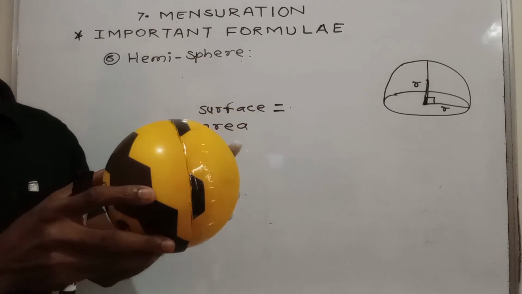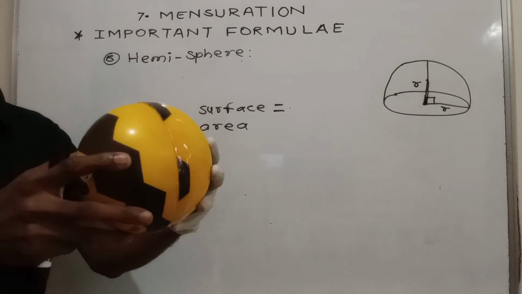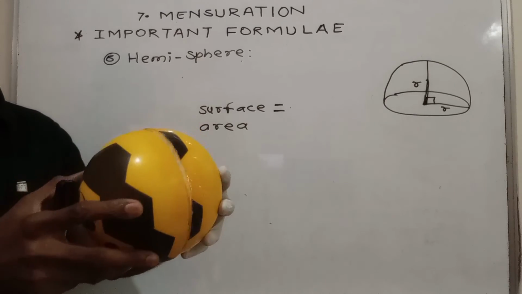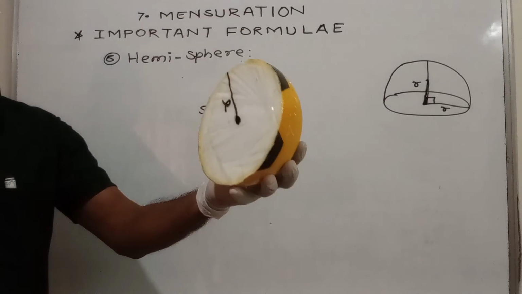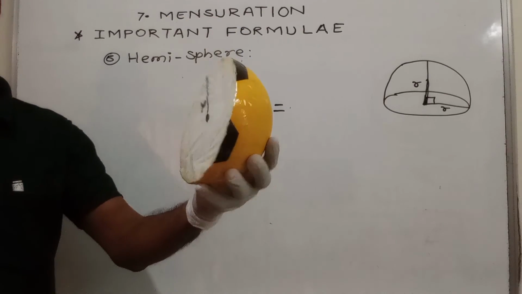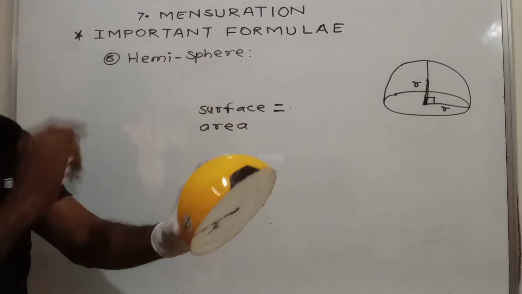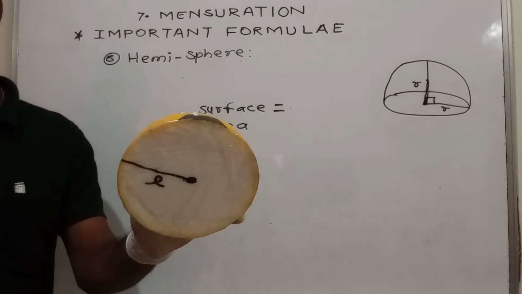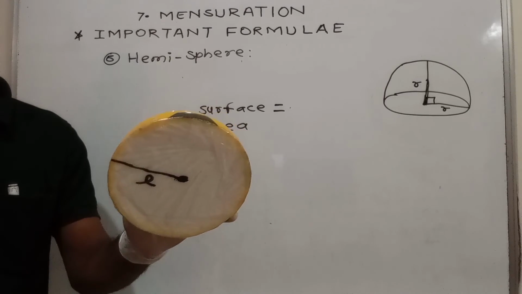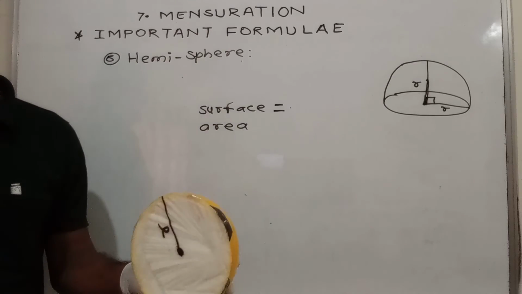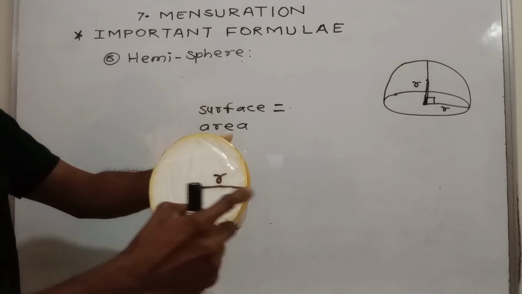When we cut this sphere into two equal halves, then the solid figure we get is called a hemisphere. When we cut a sphere into two equal halves, then each half is called a hemisphere.